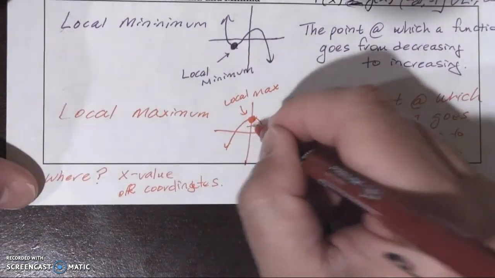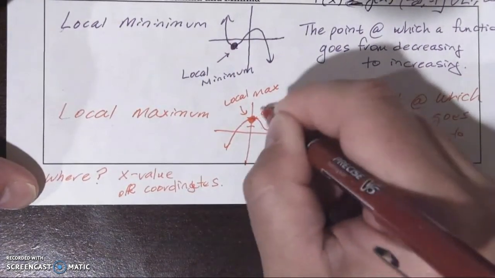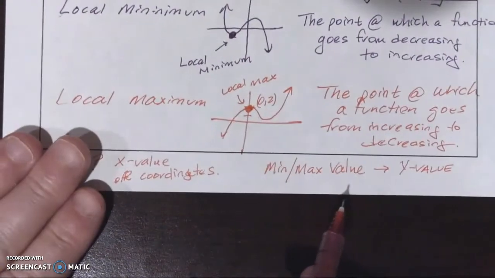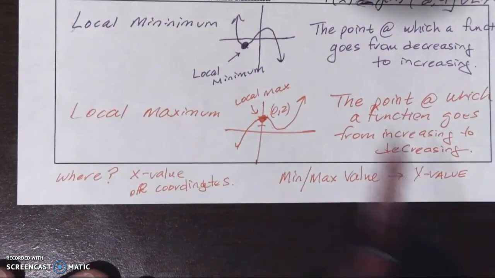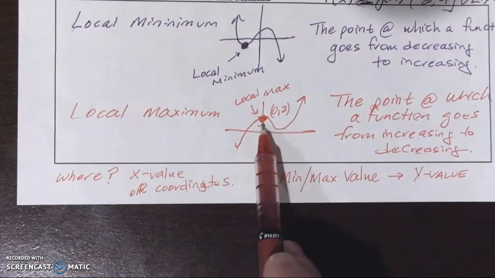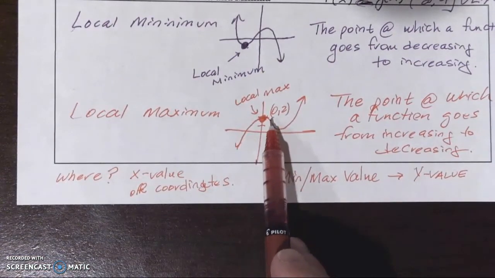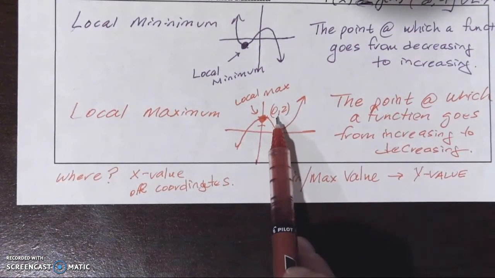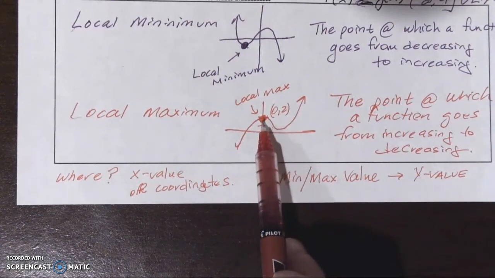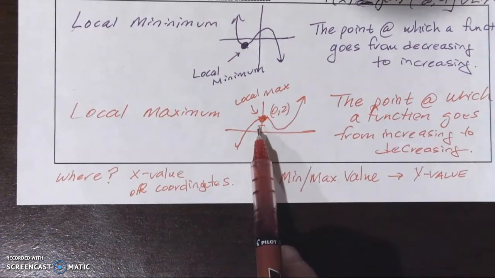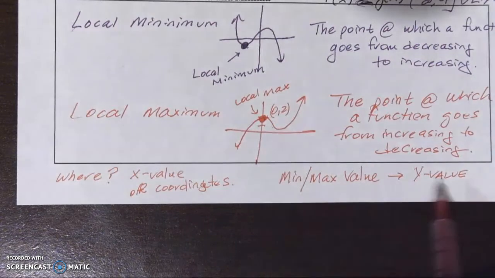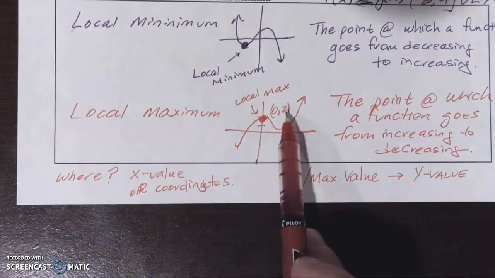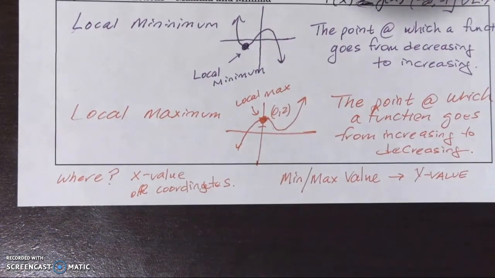So let's say this was at 0, 2. Just to give you the difference in terminology with the questions. If I said, where is the local maximum, you could tell me at x equals 0, or at the point 0, 2. If I asked you, what is the maximum value, you would say that the maximum value is 2. All right, and that wraps up section 2.3.